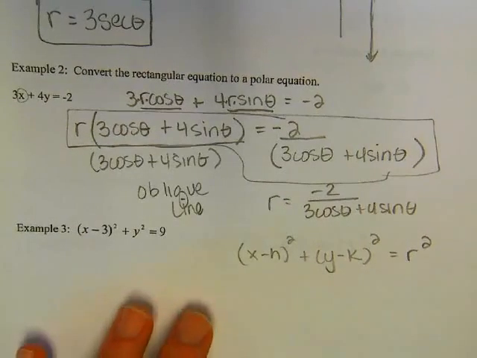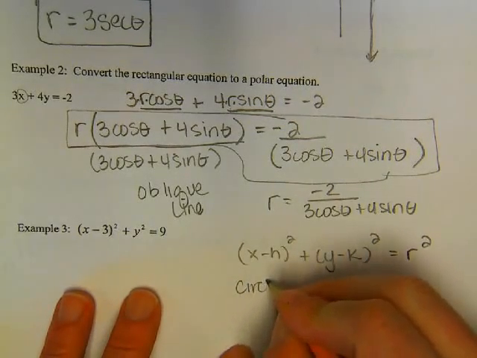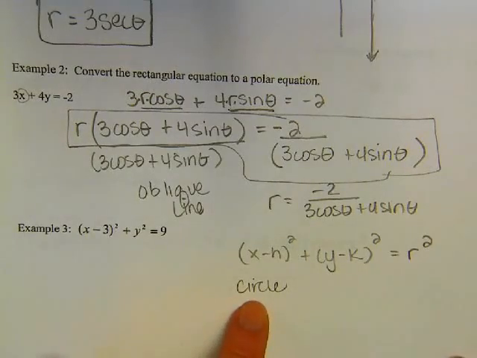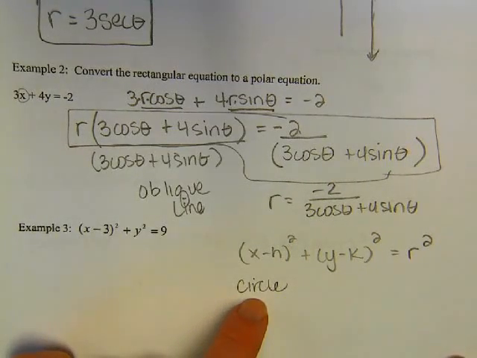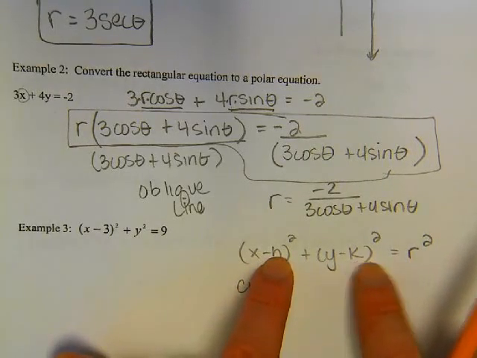It's from geometry. This is a circle. This is another thing that is a lot more difficult to graph in function mode. And the circle has a center of (h, k) and radius of r.